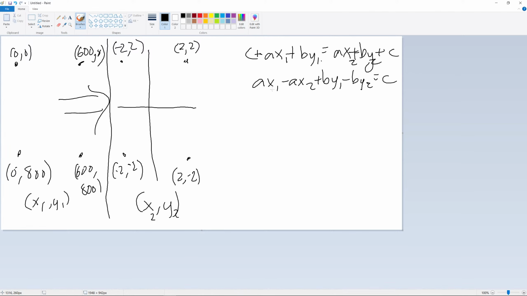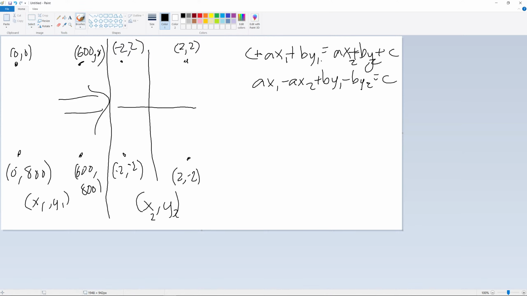So 0, 0 would be negative AX2 minus BY2 equals C. Or, yeah, nah. I don't have unlimited space. I need to conserve.